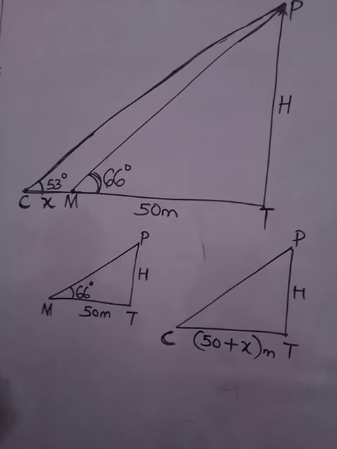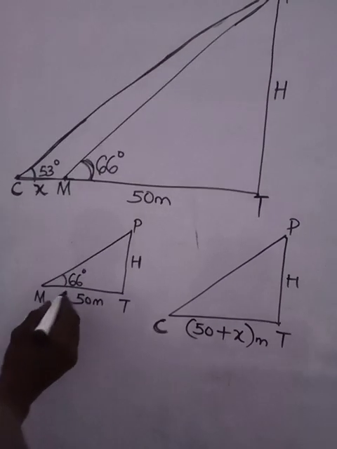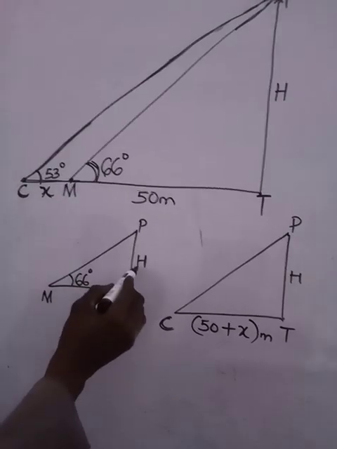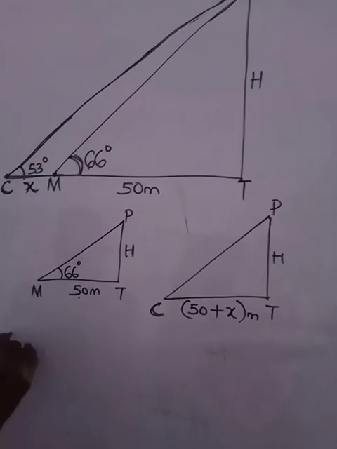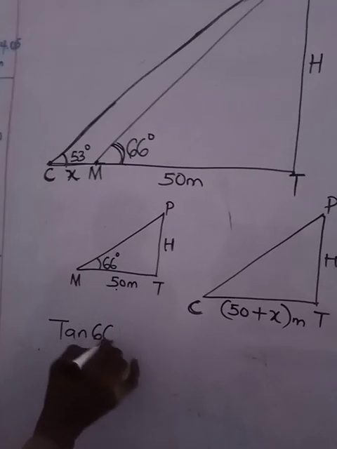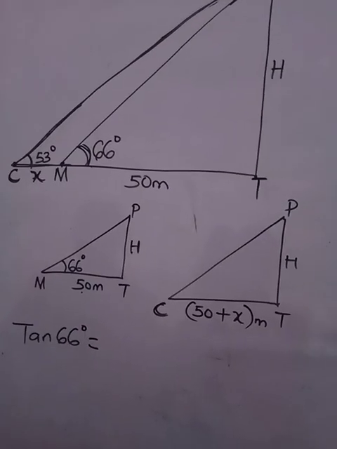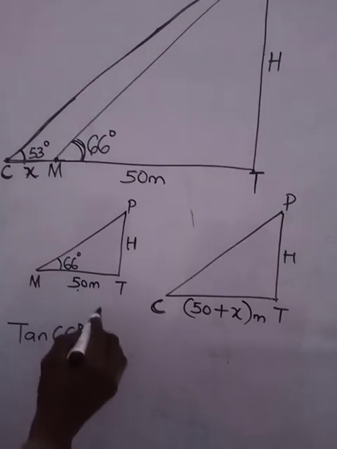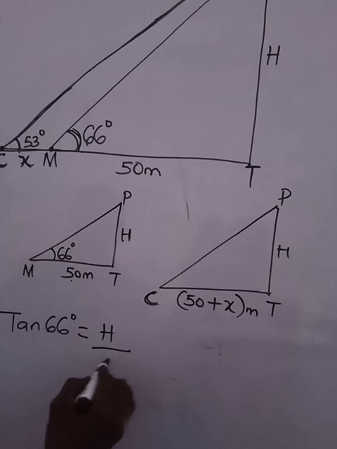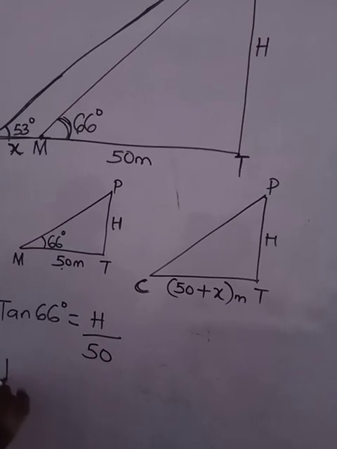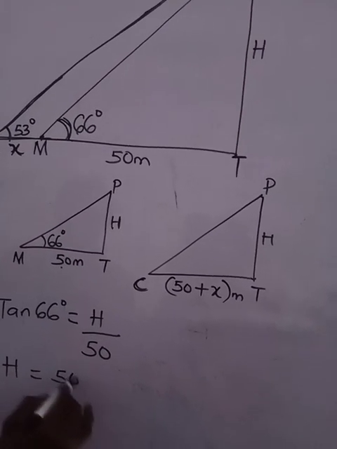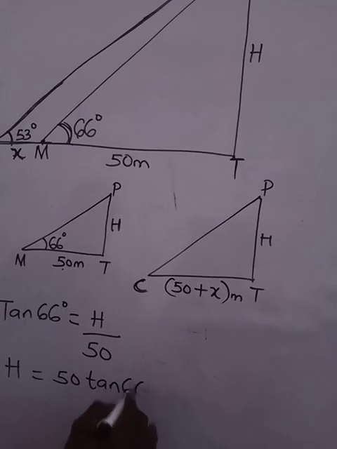So considering the first one, we want to get the h now. So I've said, this is the opposite here. This is the adjacent. That will be tan 66 degrees will be opposite, that's h, over adjacent, 50 meters. So height will simply be 50 tan 66.